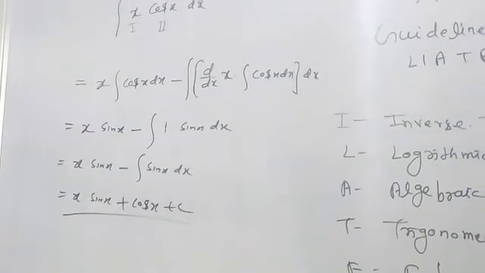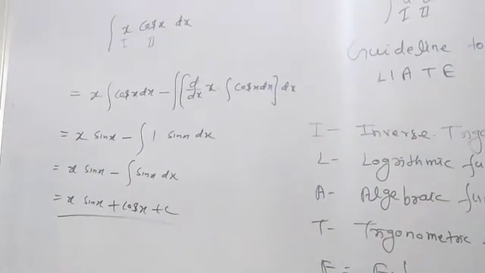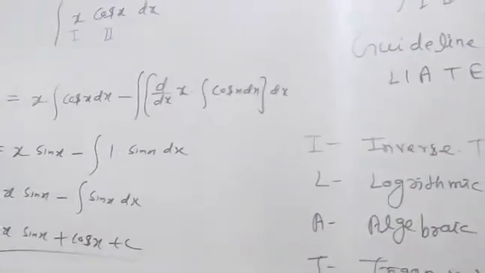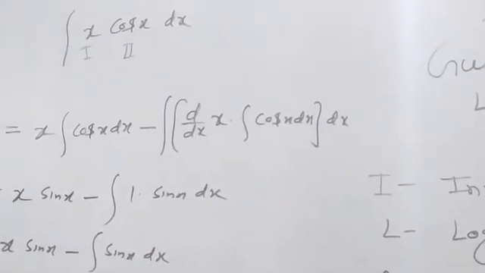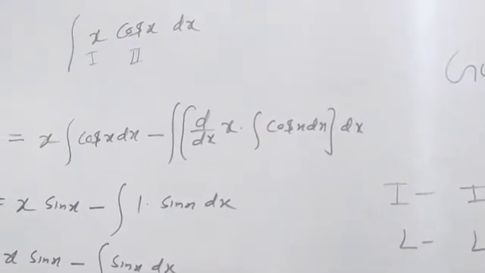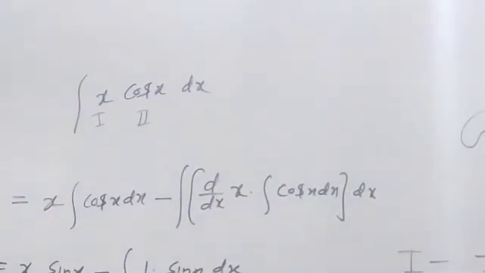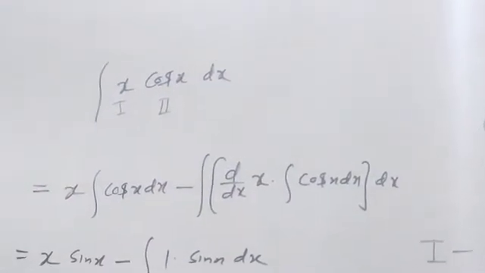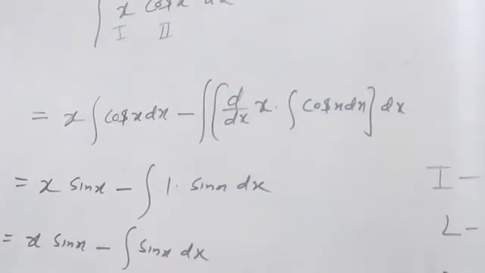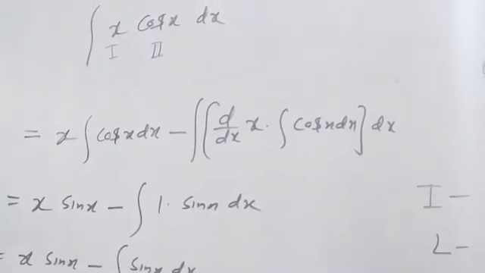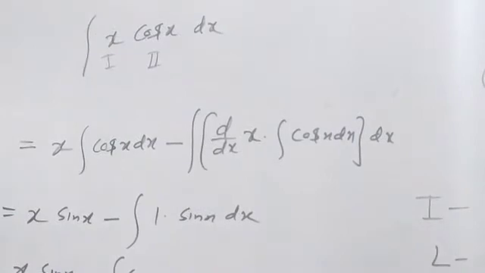Understood? Once more I am going to explain. Integration of x into cos x is equal to: x is the first function and cos x is the second function according to ILATE.